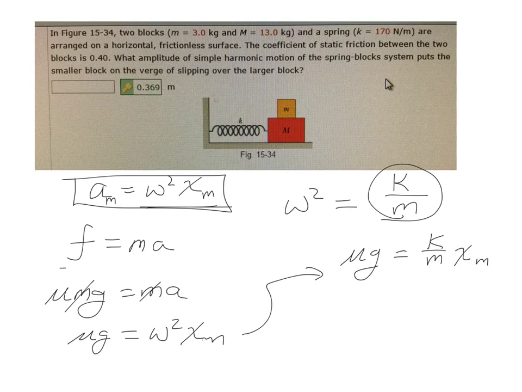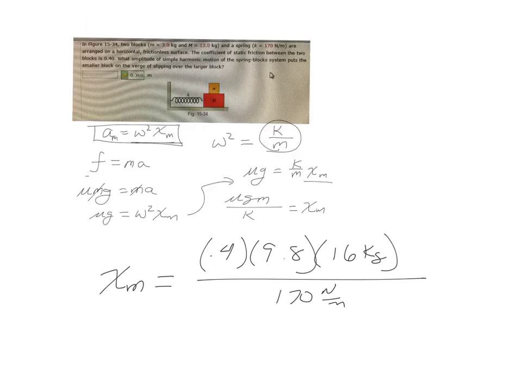And we're looking for the maximum amplitude. So just manipulate and solve. Here's the numbers plugged in.